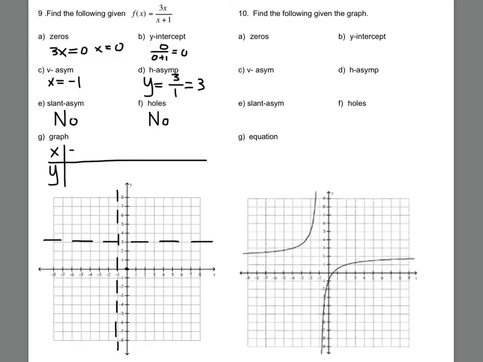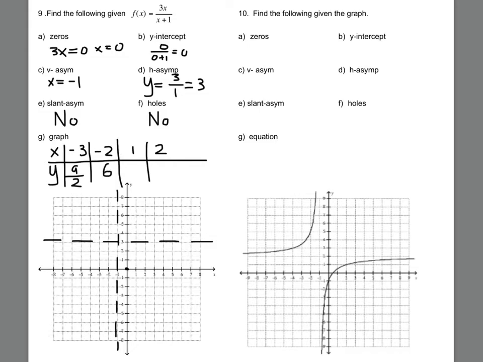So how about let's pick -3, -2, x equals 1, and then x equals 2. You can plug these numbers into the function to check your solutions. So when x equals -3, I have y equals 9/2, which is 4.5.